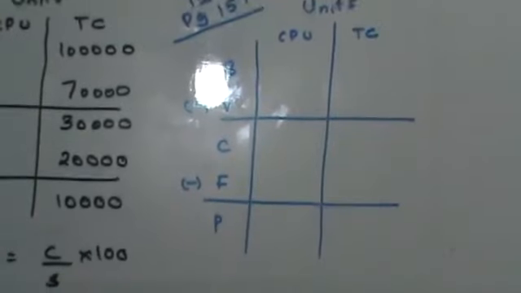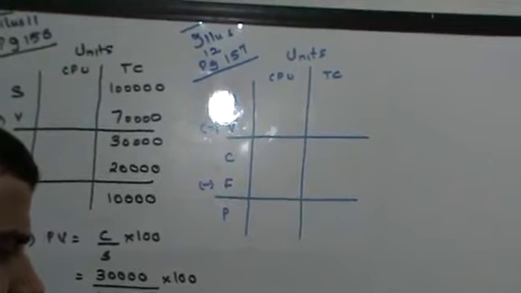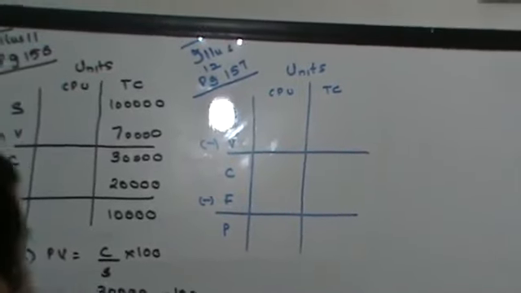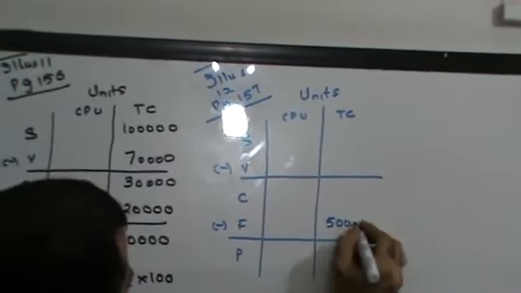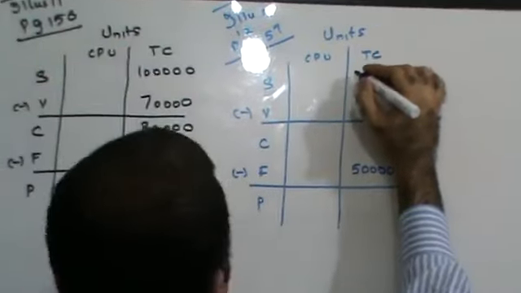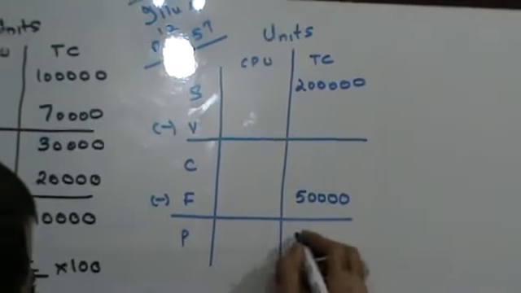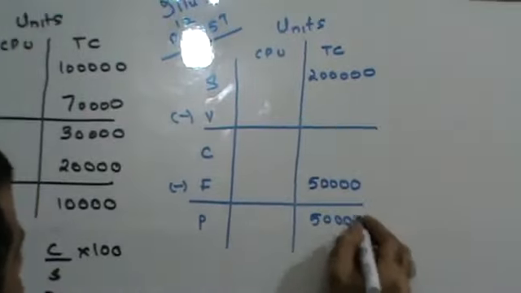They've given you S Limited furnishes the following information relating to half year. Fixed expenses are given to you as 50,000. Sales is given to you as 2 lakhs. And profit is given to you as 50,000.